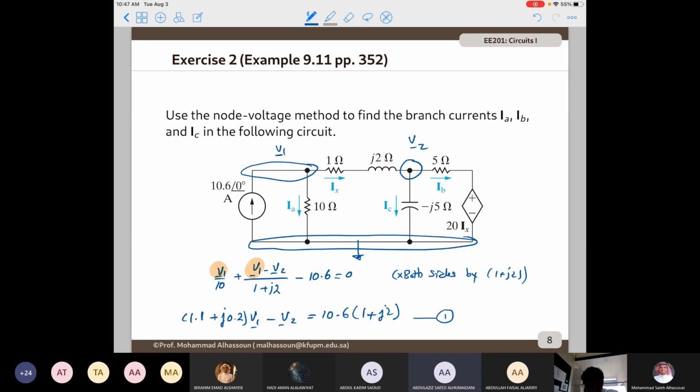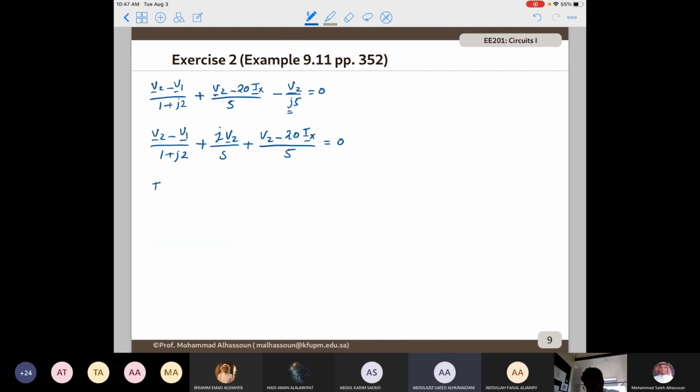Ix will be V1 minus V2 over 1 plus J2. Exactly. So Ix is V1 minus V2 divided by 1 plus J2. Okay, I need to substitute because in most calculators it will be much easier to solve if we have two equations and two unknowns.